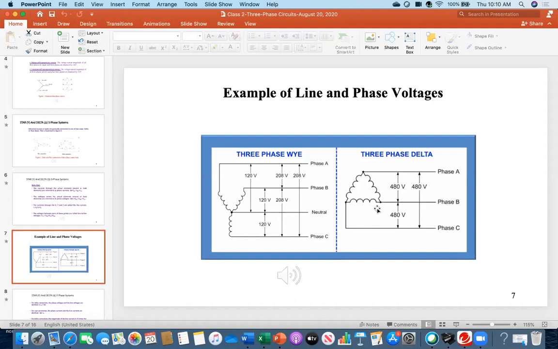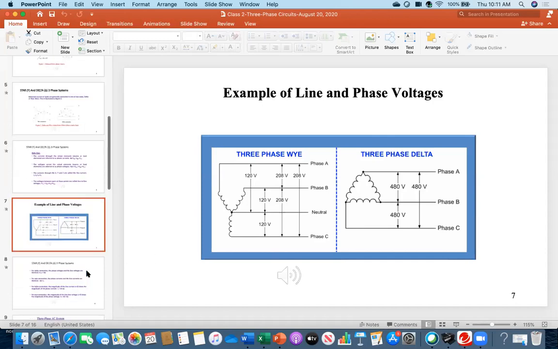At that time you have to keep in mind what you are calculating: is it voltage or current? And are you dealing with delta connection or Y connection? Accordingly, you have to calculate the voltage and current relationship between the line quantity and the phase quantity. So this is very, very important.